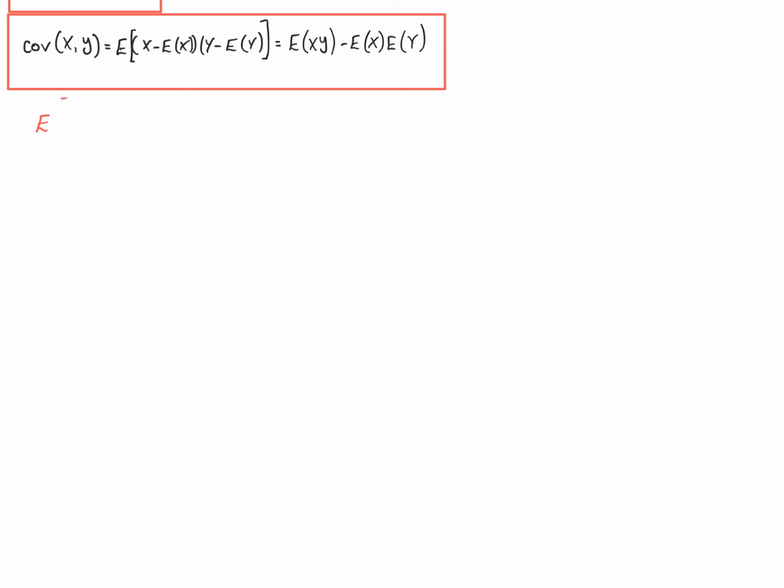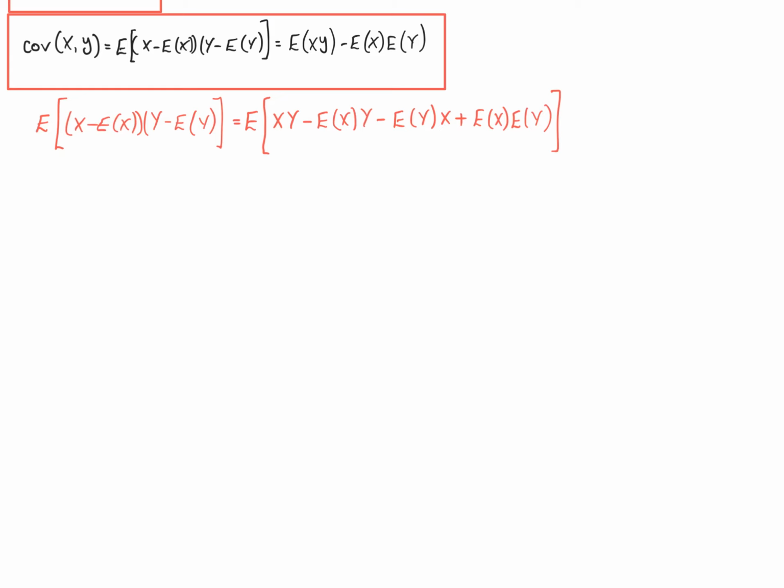So we can write that the expectation of (x minus E of x)(y minus E of y) is just equal to the expectation of xy, minus the expectation of x times y, minus the expectation of y times x, plus the expectation of x times the expectation of y.